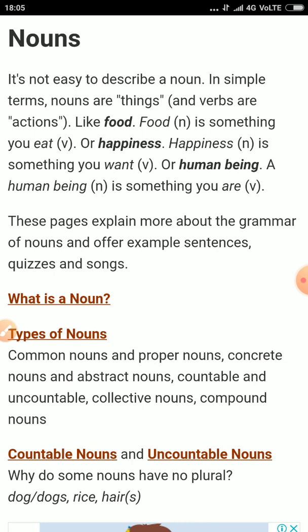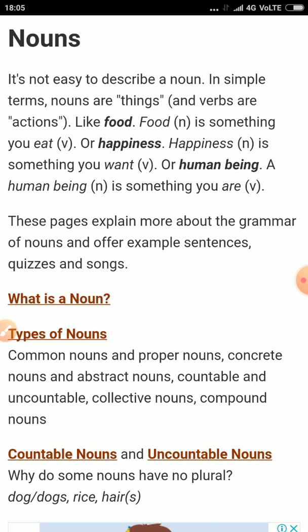I know each and every academic student understands what a noun is. Since you moved to class 5, 6, and you were part of class 4 itself, you really understand what a noun is. Many books give different kinds of definitions, like naming words are called nouns. A noun is the name of a person, place, thing, feeling, area.